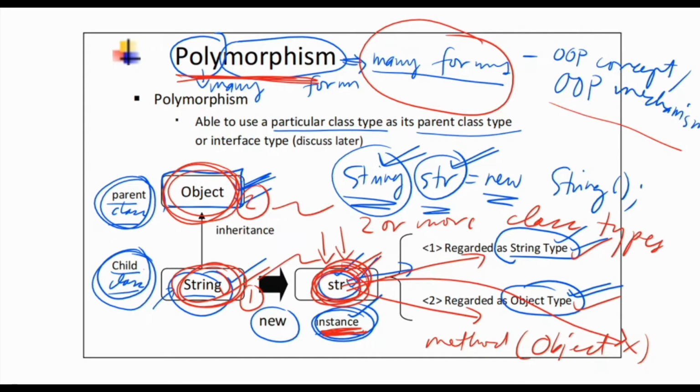Since str is considered an object type, there is no data type mismatch or data type incompatibility. If a method accepts a type string, say this method accepts type string data, you could also pass str as value to x, since str is not just considered an object type but also a string type.